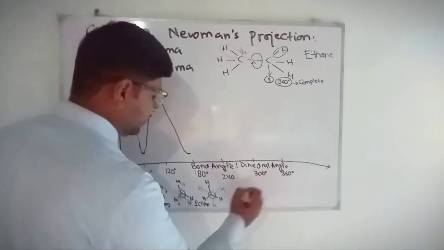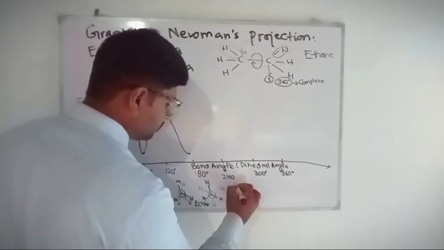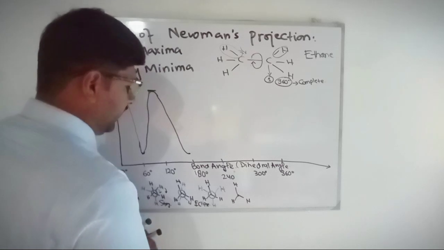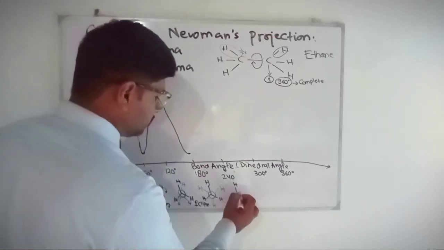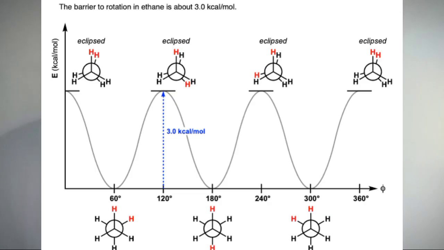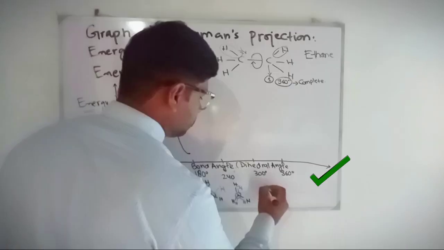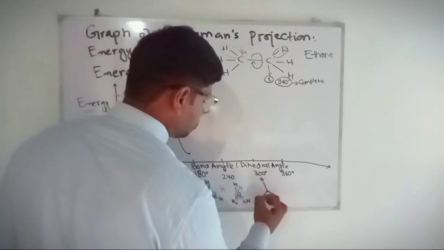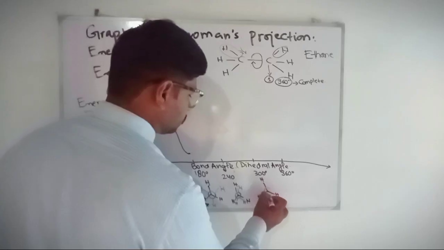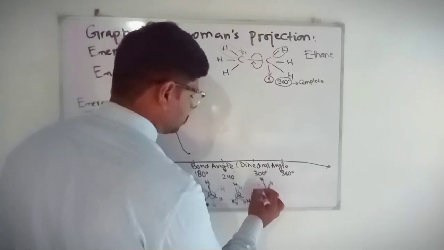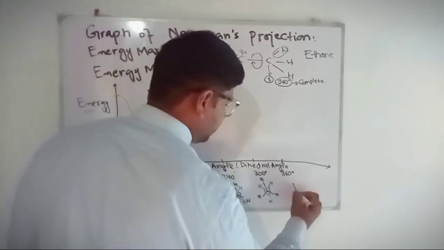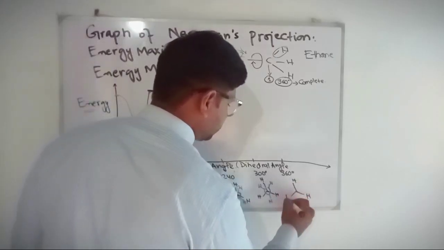So I'm just drawing it. So this will be staggered, and the next state of course will be the eclipsed one. Then we will get staggered again, and the next state will again be the eclipsed conformation.